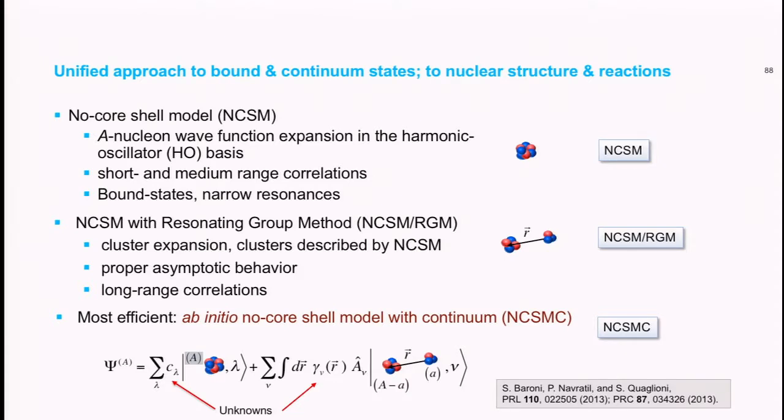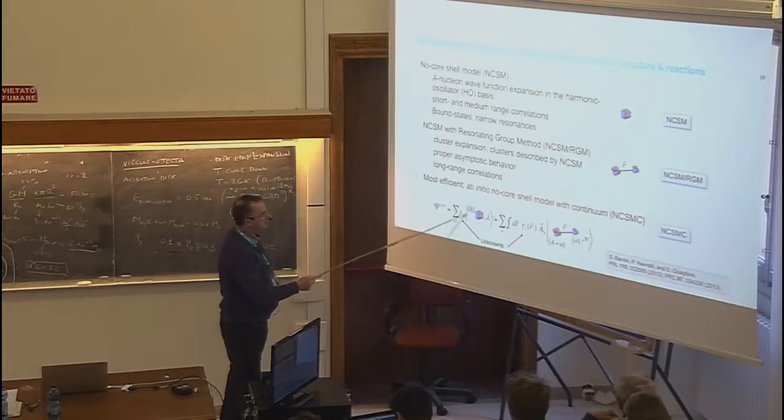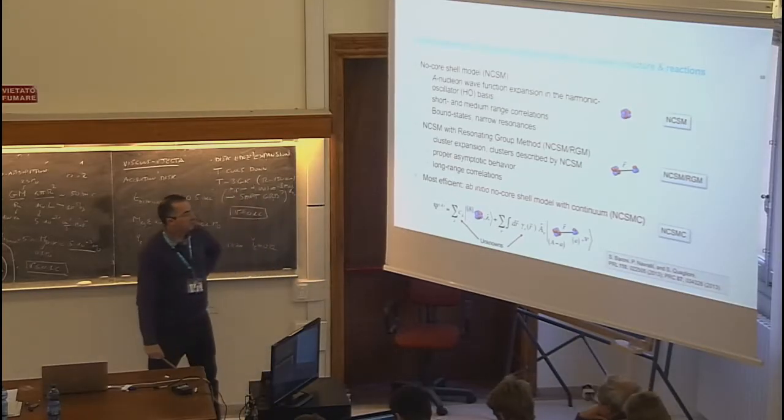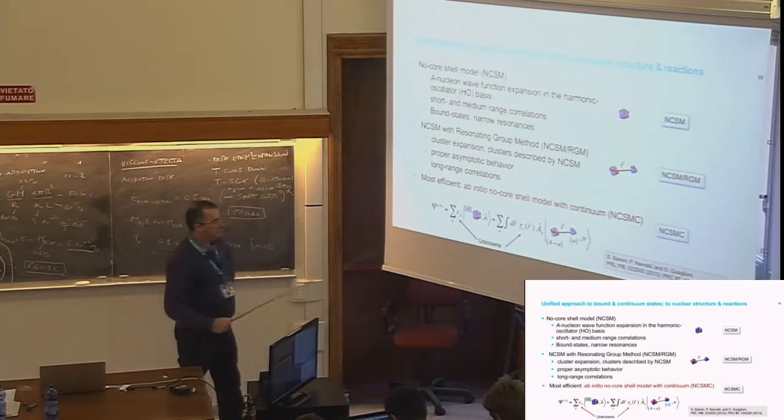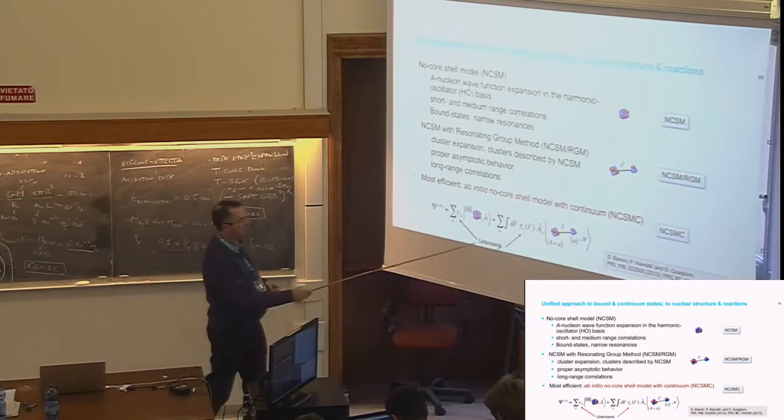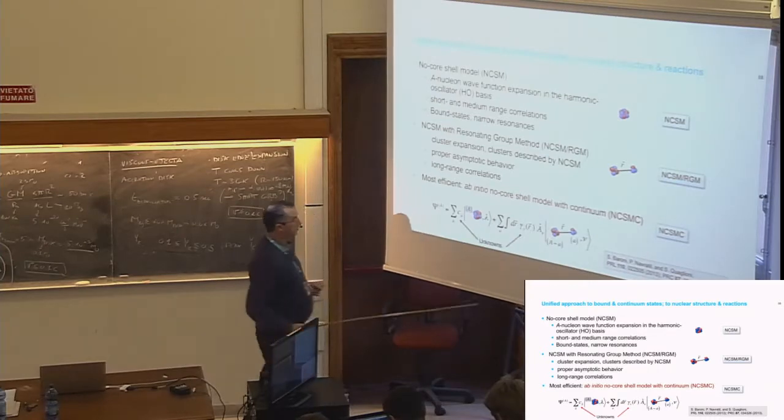This approach we call no-core shell model with continuum, which we introduced a few years ago. The idea is that we have the standard description in the no-core shell model, and then we add a binary cluster, which we treat in this expansion in the spirit of the resonating group method.